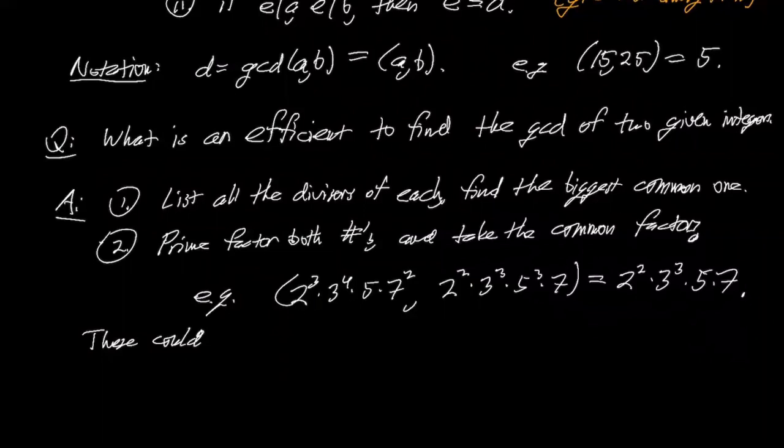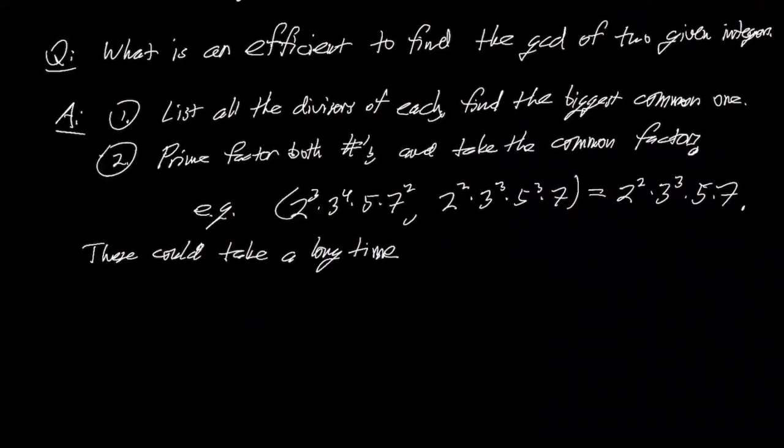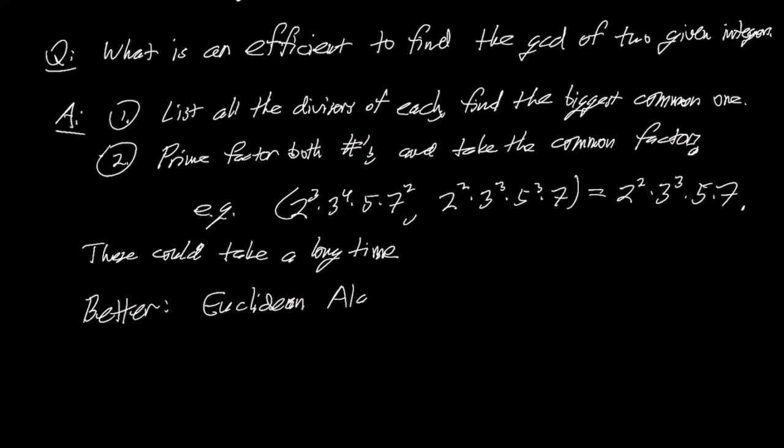And so to be able to prime factor it in the first place is very, very difficult. So better is what's called the Euclidean algorithm, which I'll illustrate in a moment with an example.